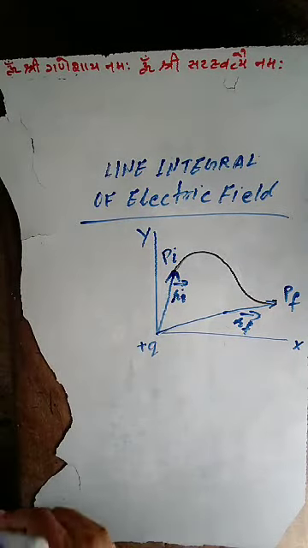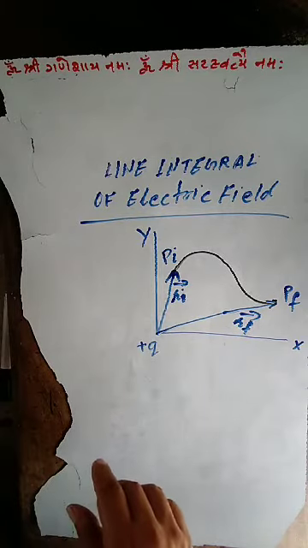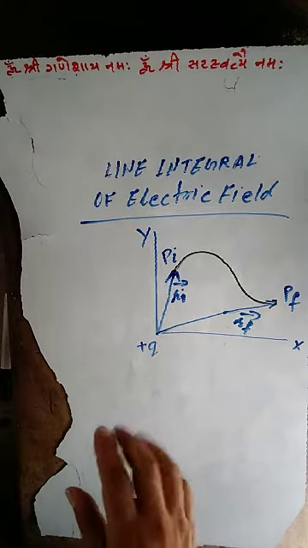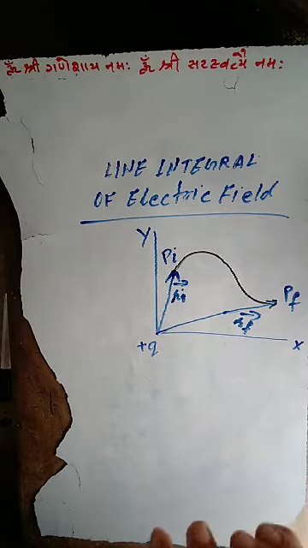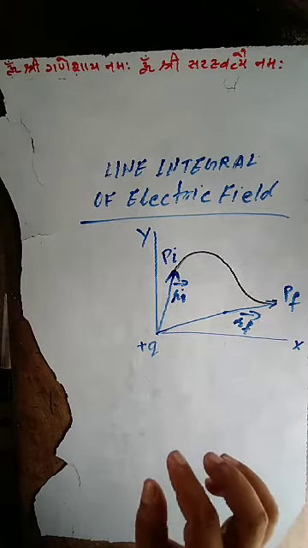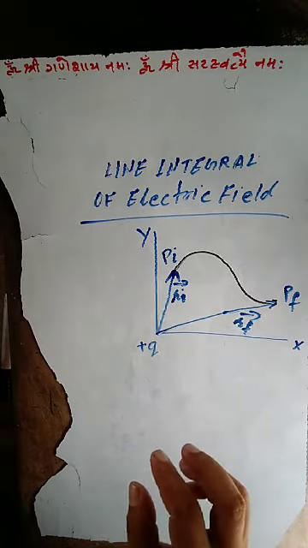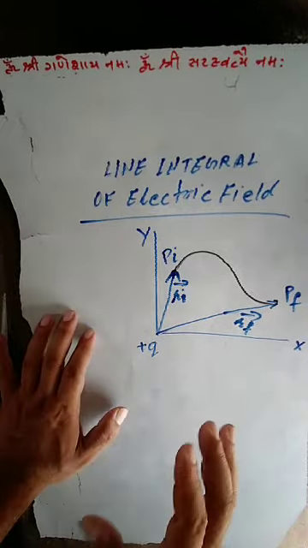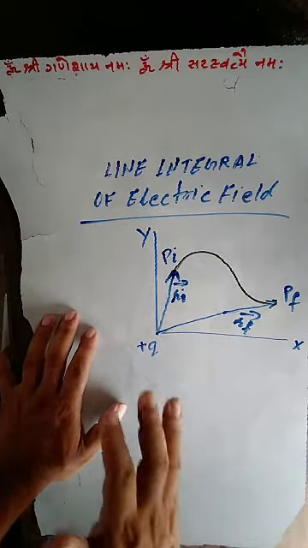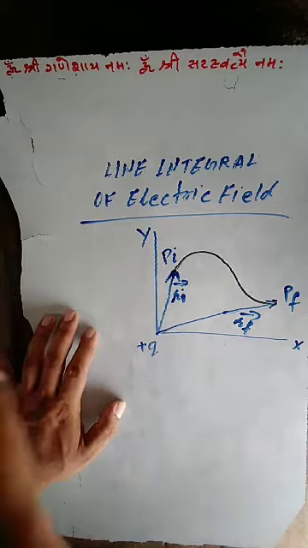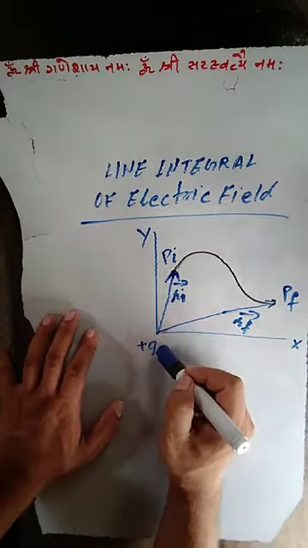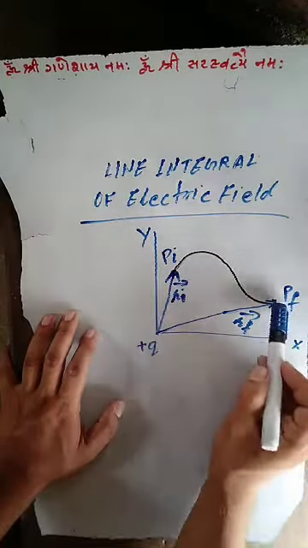Suppose we have to find the line integral for a small path. So we integrate the electric field. Basically, electric field line integral means we have to integrate the electric field due to this charge from this point to this point.